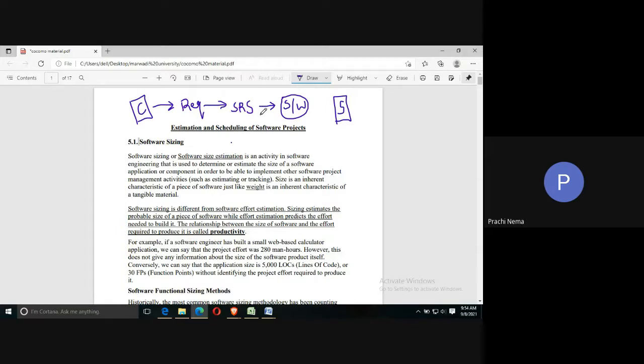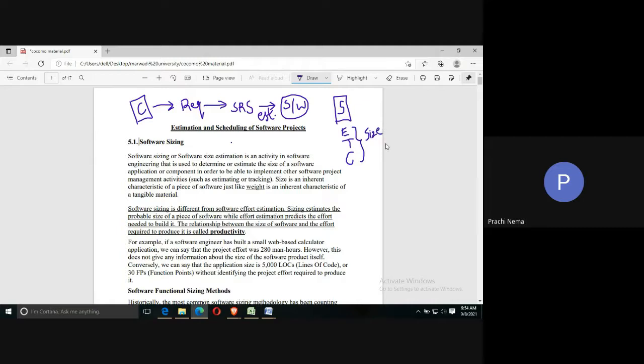You need to have an estimation of the effort you need to put to make this software, the time you need to make this software, and the cost of the software. All these can be determined on the basis of size of the software. So the first thing which comes is the size.